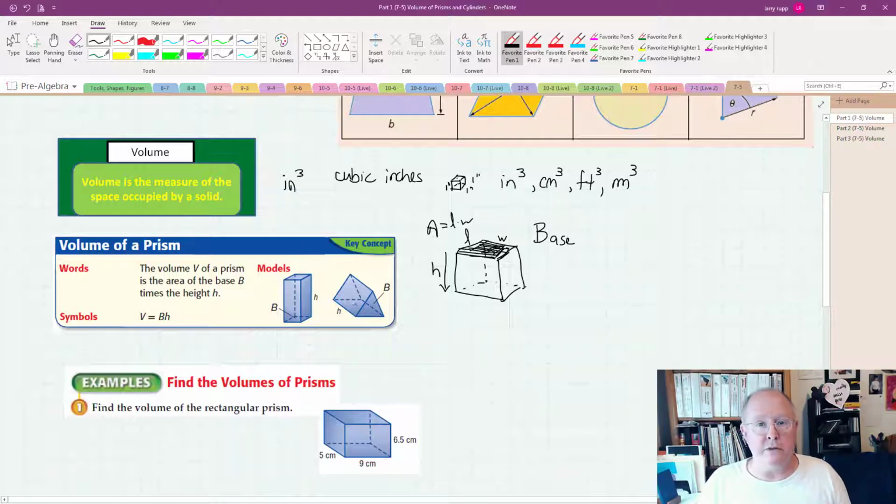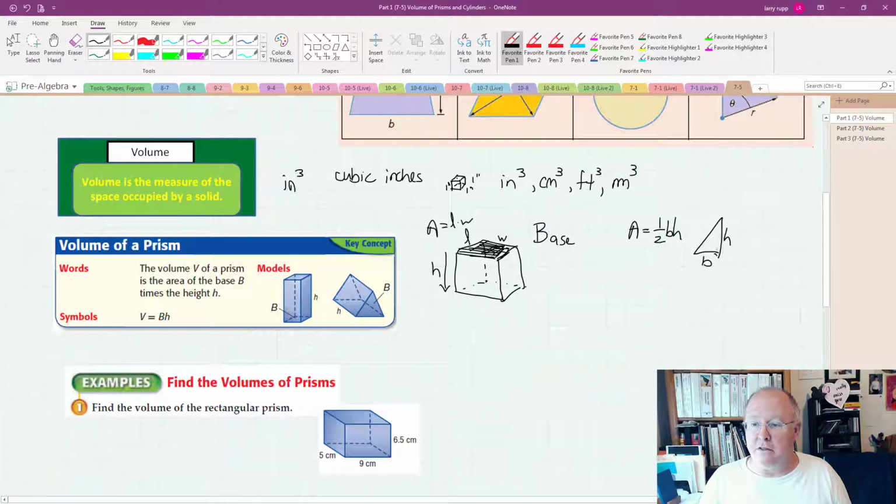The same thing goes with a triangular prism. And the area for a triangle, remember, is 1/2 little b times height, like this. And this is the height, and this is the little b. This is the base of the triangle. Now, when you turn this into a prism, and I'm not good at drawing triangular prisms, that little b is part of the base.